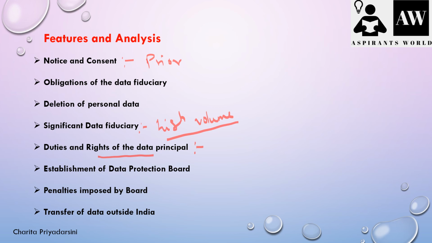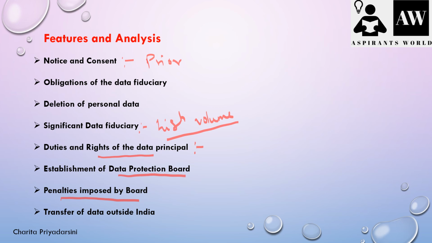So it is the responsibility of the data principal also to provide the right and accurate data to the data fiduciary. And the establishment of the Data Protection Board is one of the important contents under this. Along with that, penalties also can be imposed by the board.